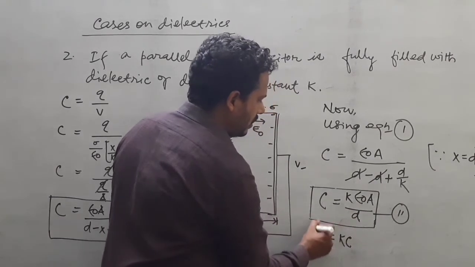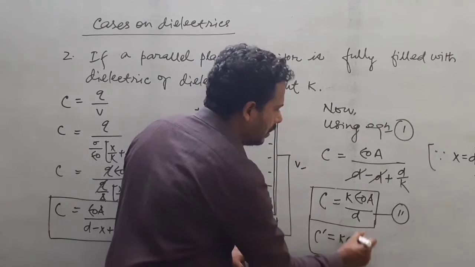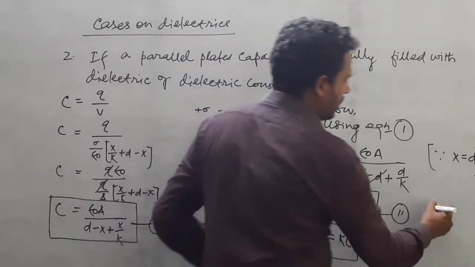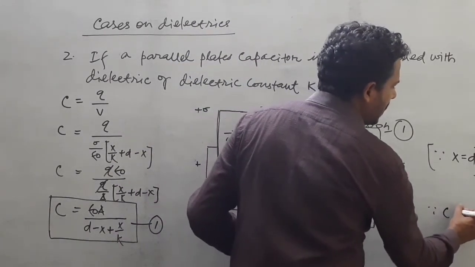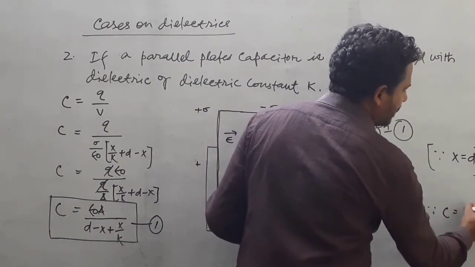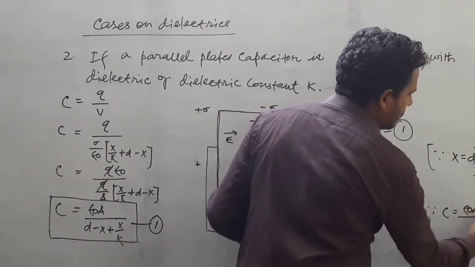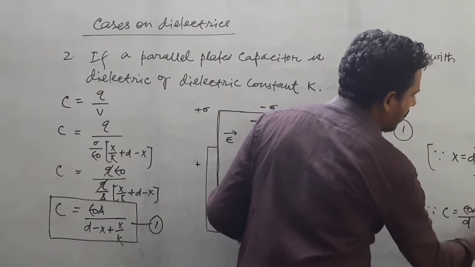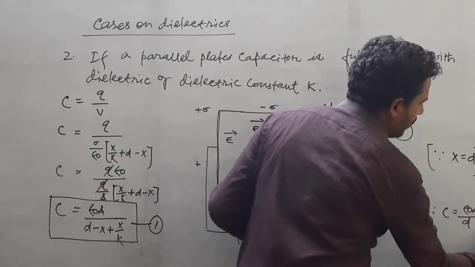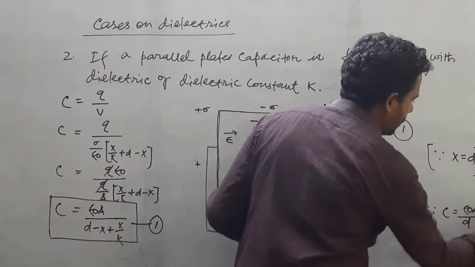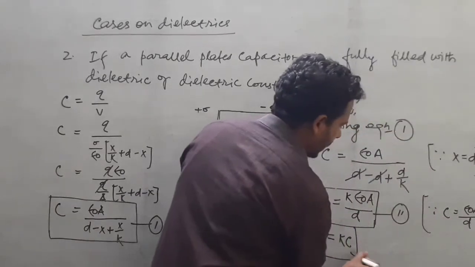One thing you have to mention here is that C is equal to epsilon naught A by D for air, you have to use this for this factor.